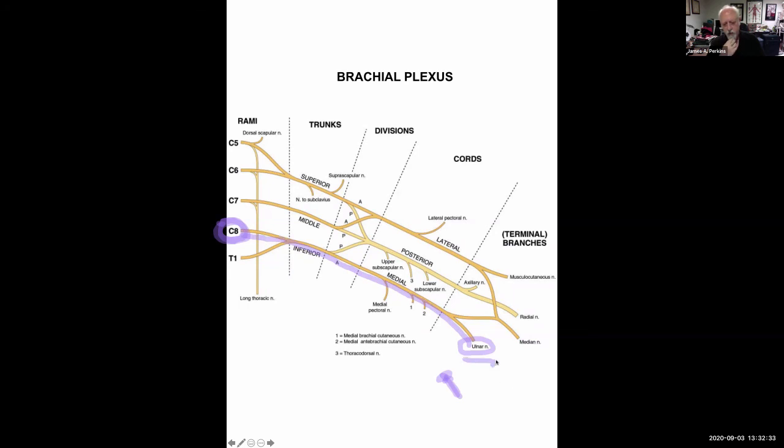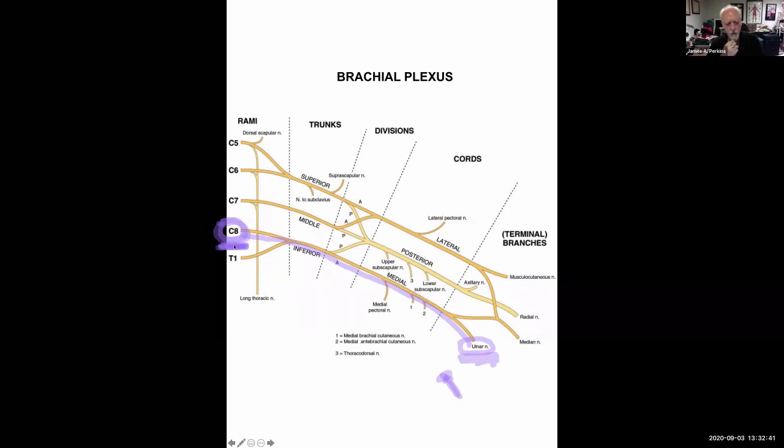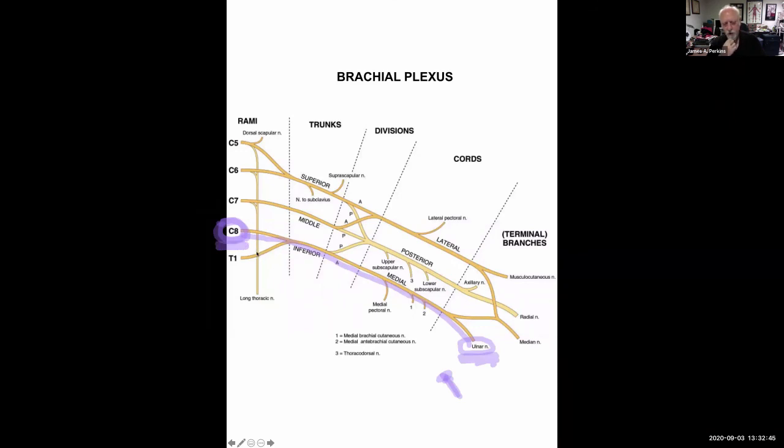Because I know the starting point from my map, I know that the skin of the pinky is part of the ulnar nerve distribution, and that it's also part of the C8 dermatome. The thumb one is a lot harder because different parts of the thumb are supplied by different nerves.